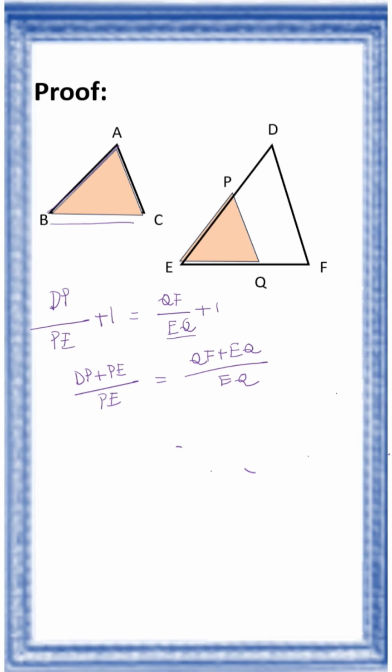dP plus PE, what is it? DE. This is DE by PE is equal to here QF plus EQ, what is it? EF by EQ.